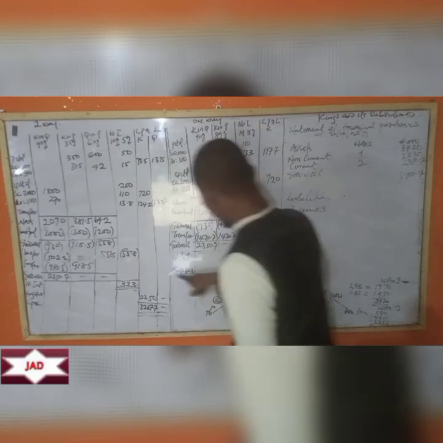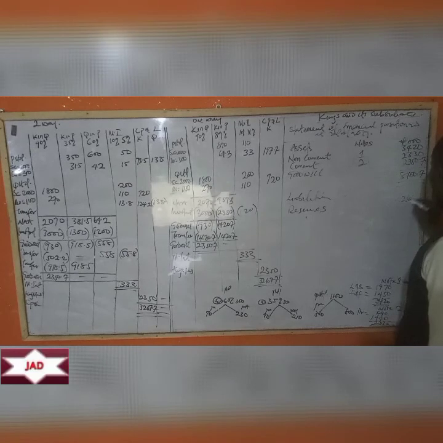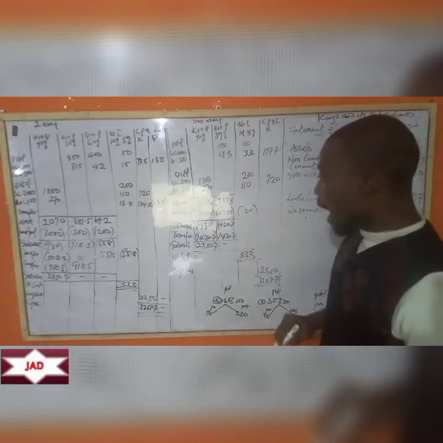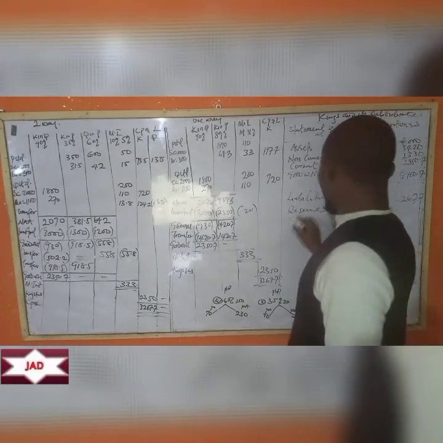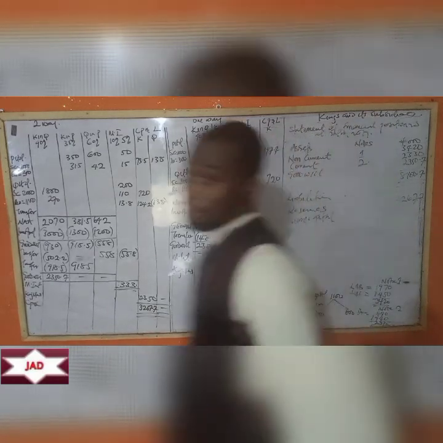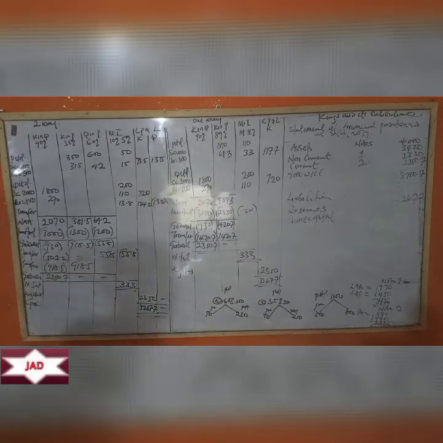Reserves. The reserve here is 3267.7. Then we also have share capital. That's the one for the main holding company or the ultimate. What do you have there? Kings, that's 4,500.